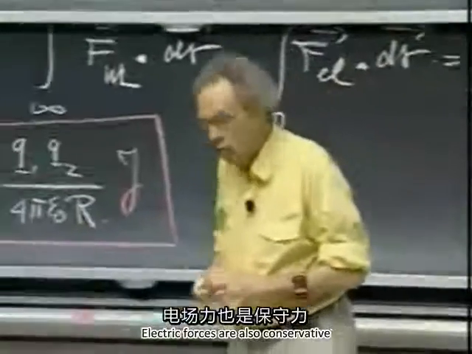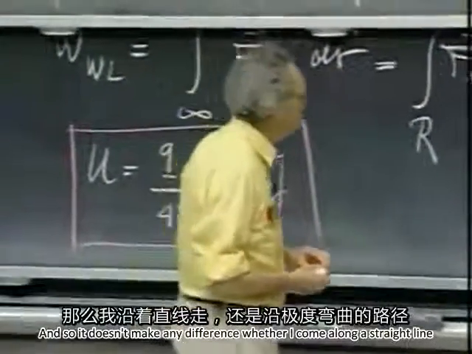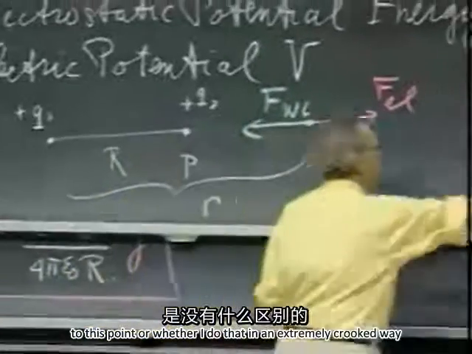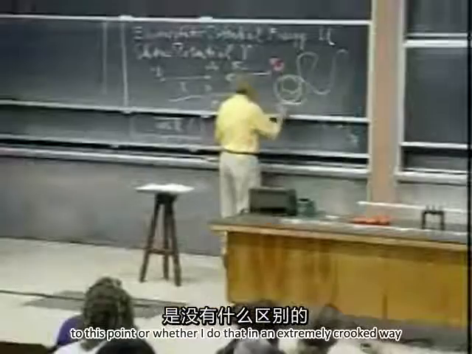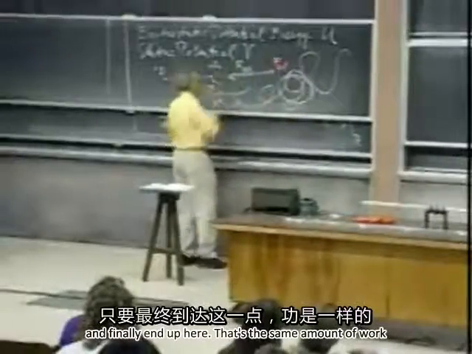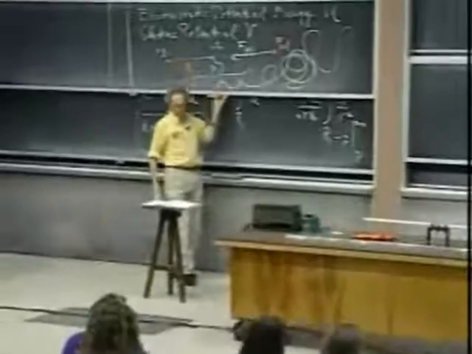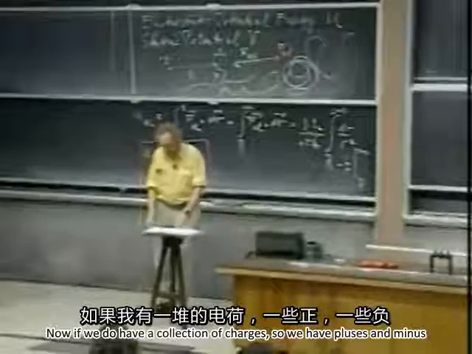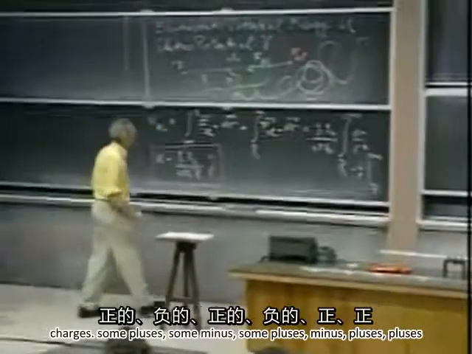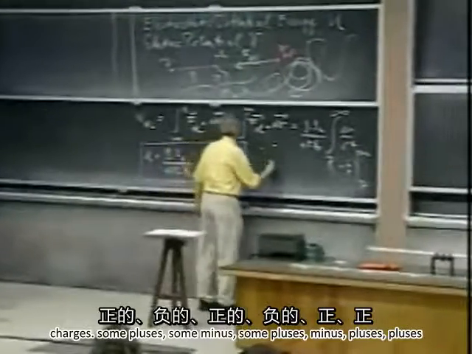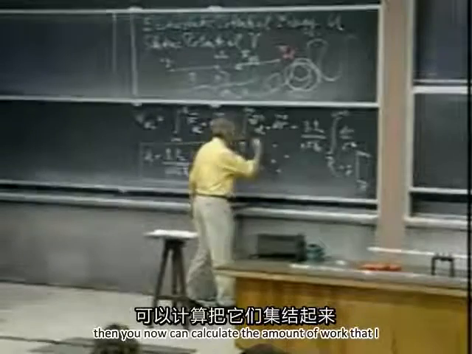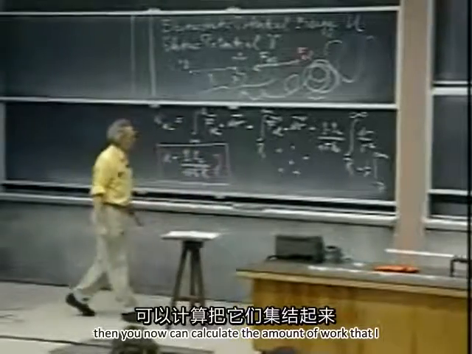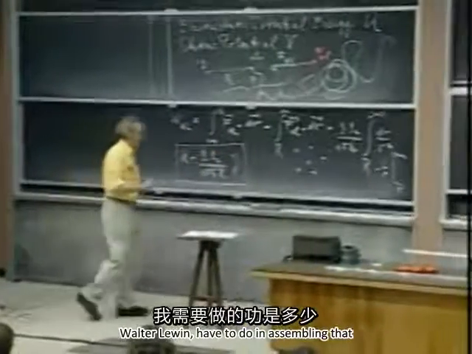Electric forces are also conservative, and so it doesn't make any difference whether I come along a straight line to this point or whether I do that in an extremely crooked way and finally end up here. That's the same amount of work. Now, if we do have a collection of charges, so we have pluses and minus charges, some pluses, some minus, then you now can calculate the amount of work that I, Walter Lewin, have to do in assembling that.